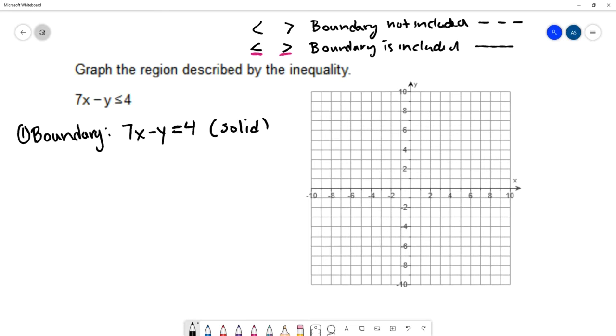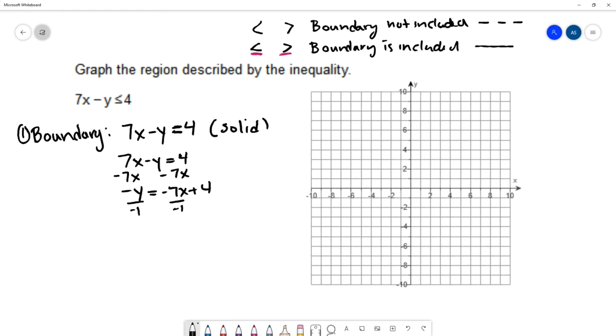There are many ways to graph a line, and one of them is to use slope-intercept form. So I'm going to take my equation 7x minus y equals 4, and let's rewrite it in slope-intercept form. So I subtract 7x. It's negative y is equal to negative 7x plus 4.